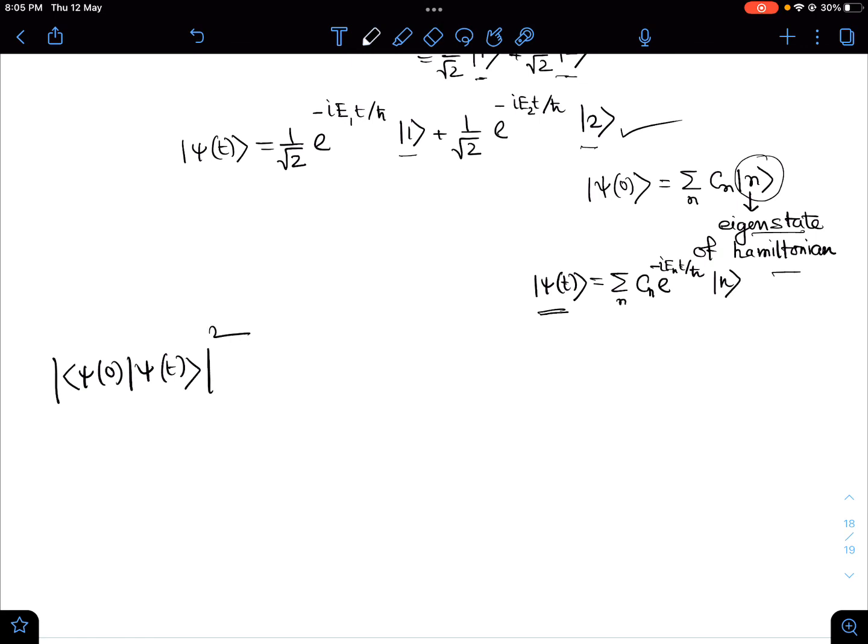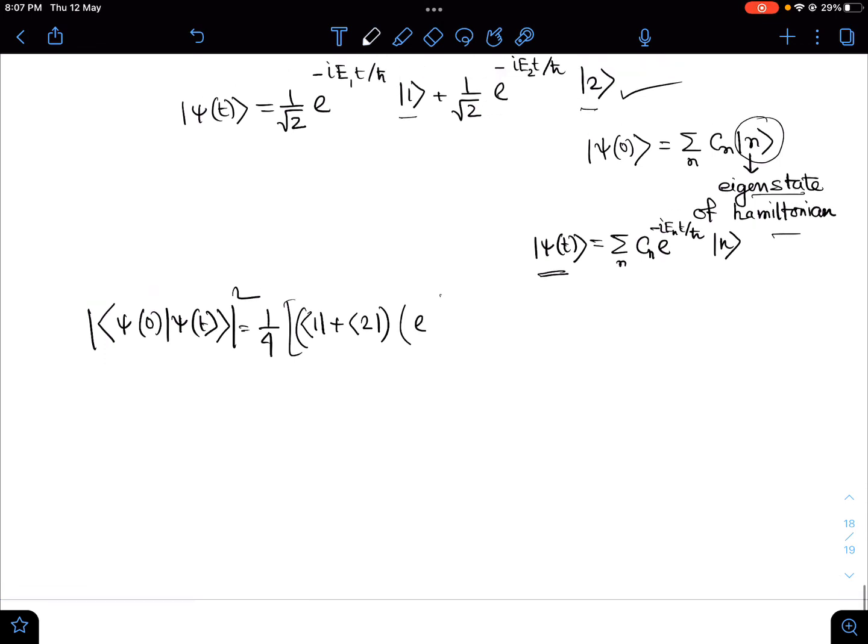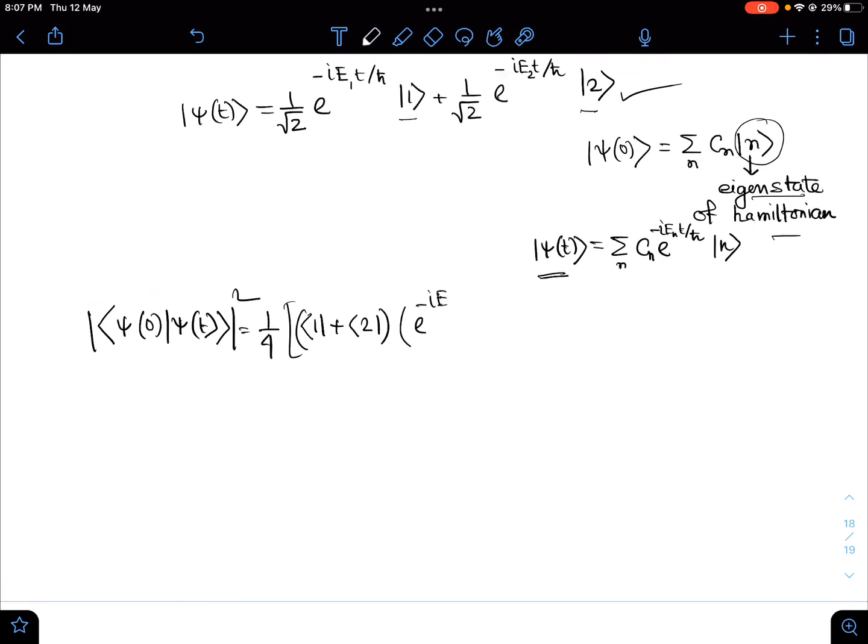We can write this as 1 by 4, with (1, 1) and here we have e to the power minus i E1 t by h cut (1, 0) plus e to the power minus i E2 t by h cut (0, 1), and we have its square.